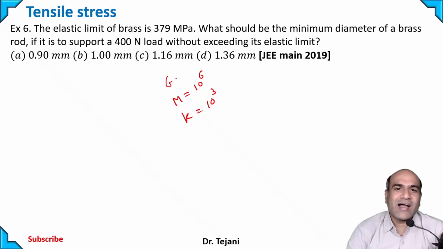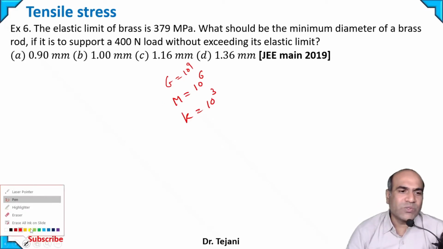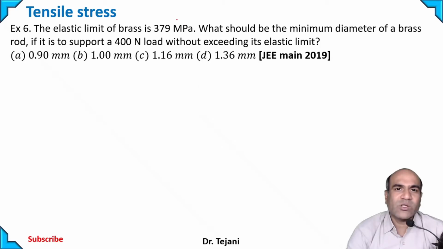What is giga? 10 power 9. Yeah, you know it. Wow, great. So see that you know how to convert giga and mega; mega means 10 power 6. What is Pascal? Pascal is equal to Newton per meter square, right?